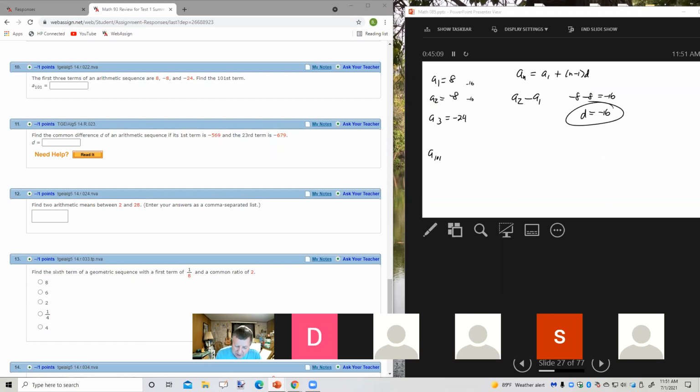Okay, so now we know the first term and the common difference. We're ready to use this formula. a sub 101 equals a sub 1 plus n minus 1 times d, which is 8 plus 100 times negative 16, which is 8 plus negative 1600, which is negative 1592, I do believe.